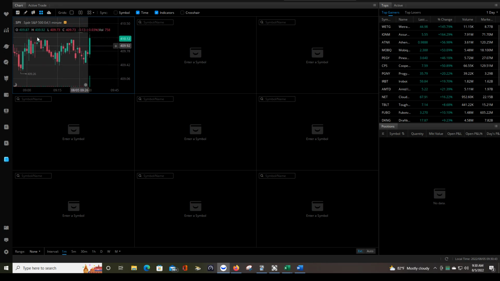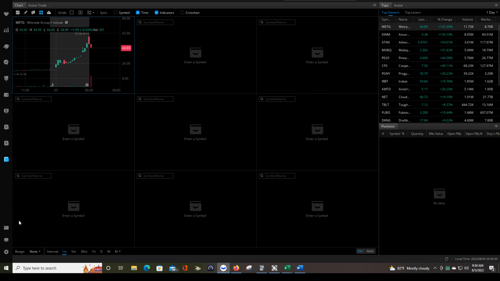We're not trading the SPY or anything, so we can get rid of that. The nice thing about having the screener here is you can see I click in a box, I click on the screener, and there it is right there.